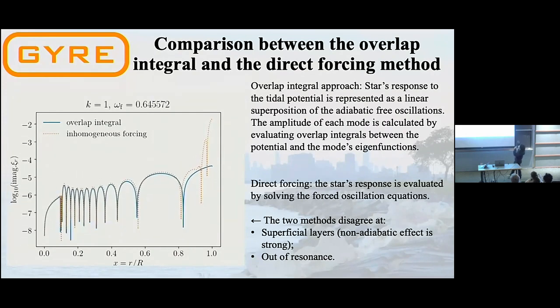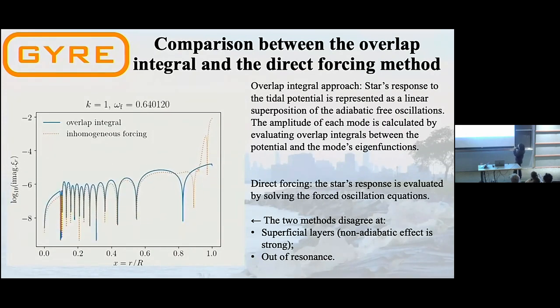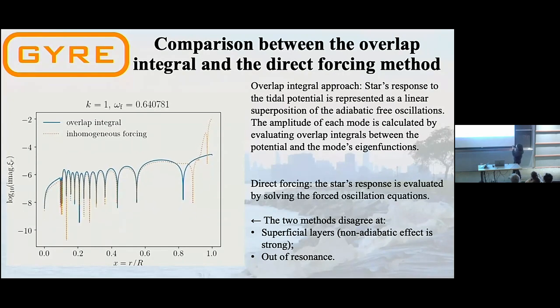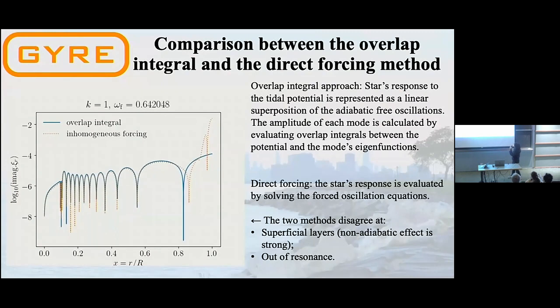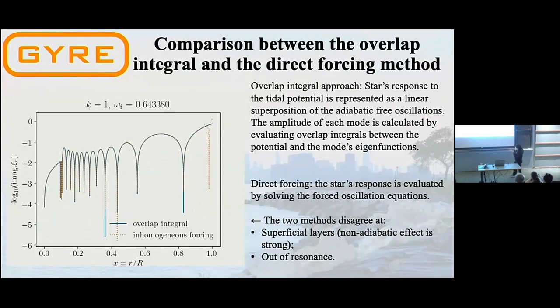We also assume that those modes are orthogonal. The amplitude, or the weight, of each mode is calculated by evaluating the overlap integral between the tidal potential and the eigenmode itself.